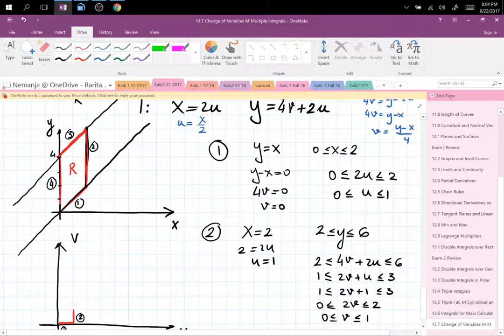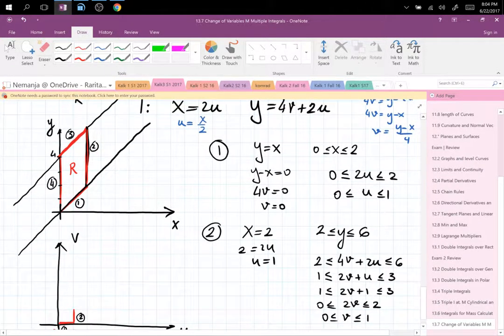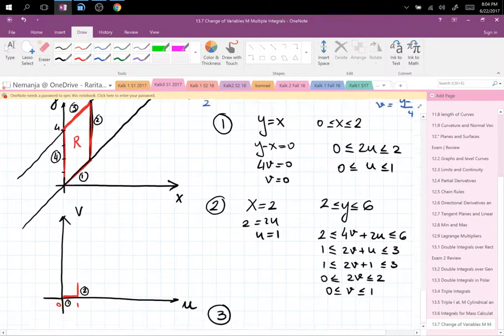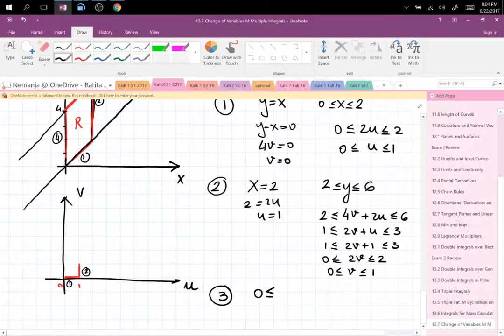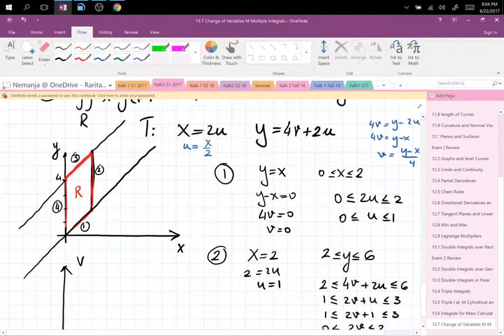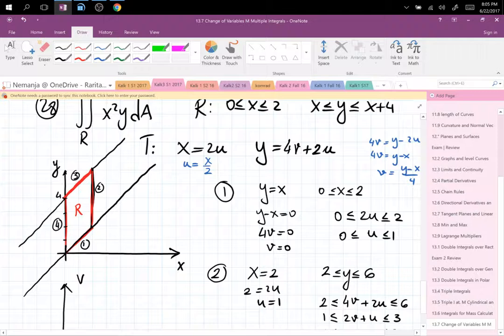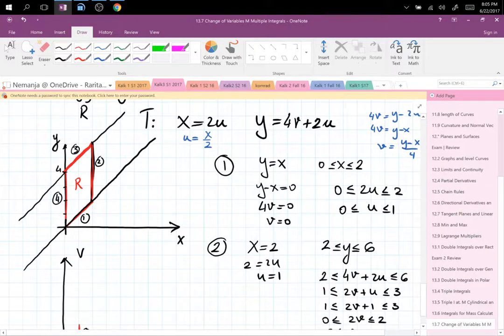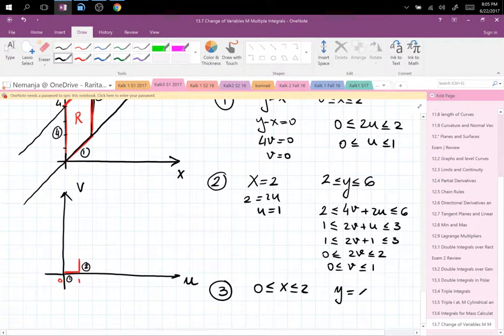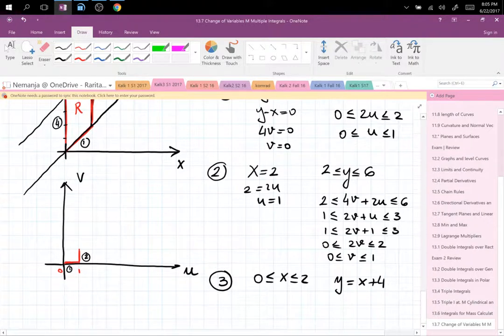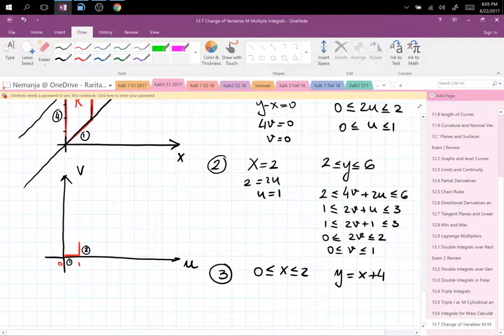3 is this line segment again. We have x going from 0 to 2. And so x goes from 0 to 2. And what's y doing? Y equals x plus 4. Awesome.